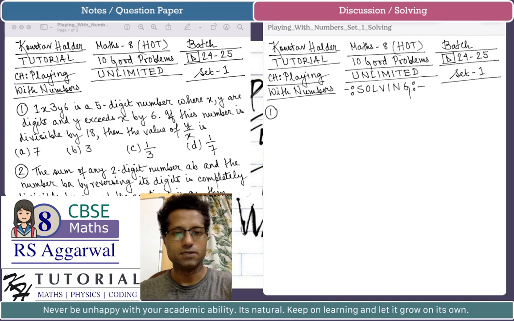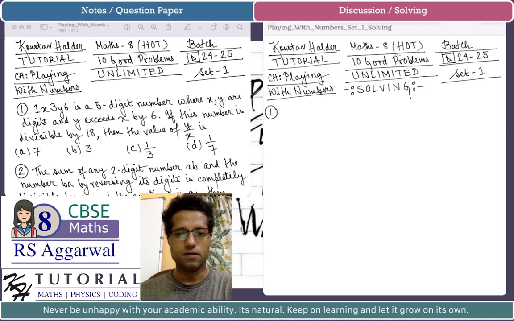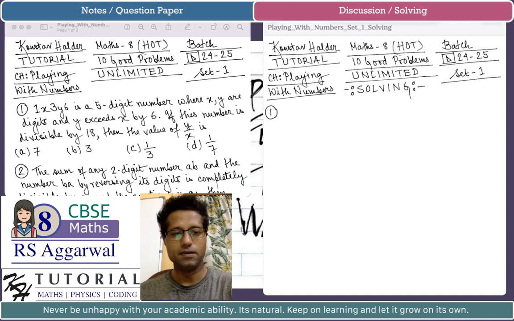The first problem says that 1x3y6 is a 5-digit number where x and y are digits and y exceeds x by 6. If this number is divisible by 18, then the value of y by x is... Okay, so the number given is 1x3y6.